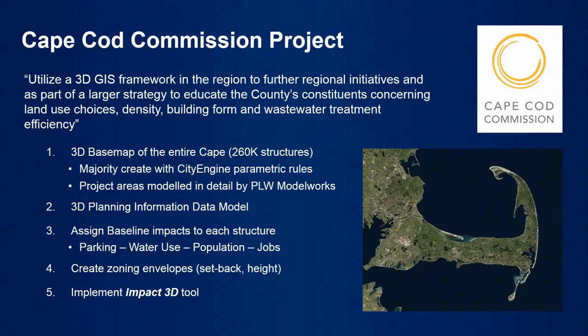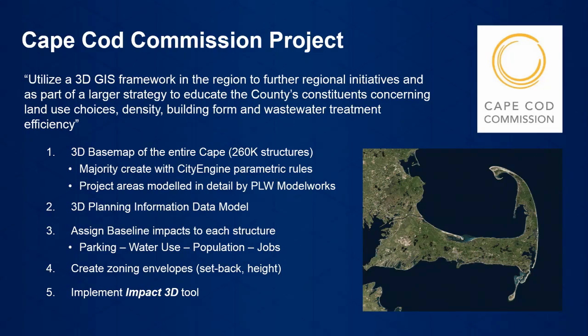So for the deliverables here, we're creating a 3D base map of the entire Cape. That's over 260,000 structures. Most of these are built with CityEngine, though we do have a partner, PLW, who's also a partner of Pictometry. These are third-party models that we can purchase. We're adding lots of rich attribution using that 3D planning information model. And as part of that, we're assigning impacts, baseline impacts for each building.